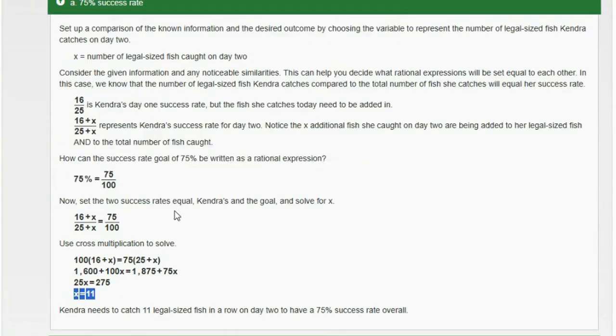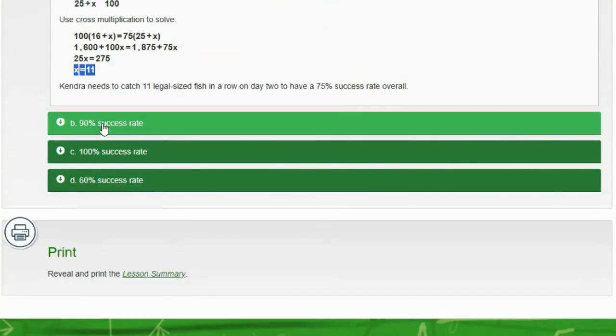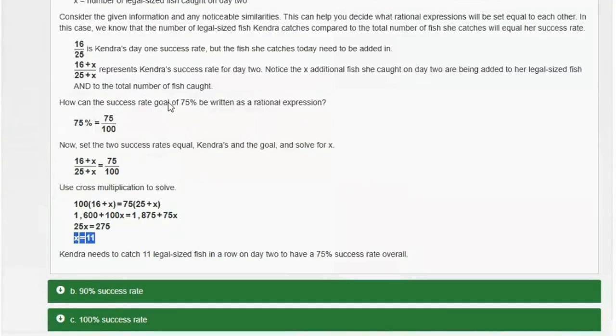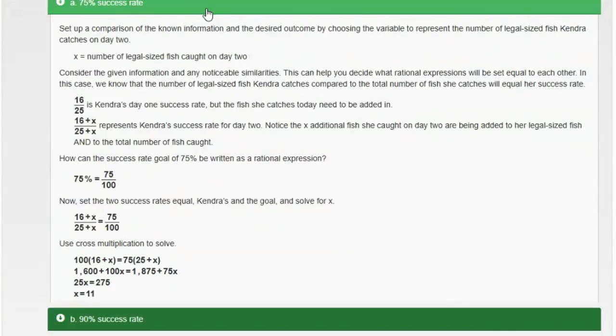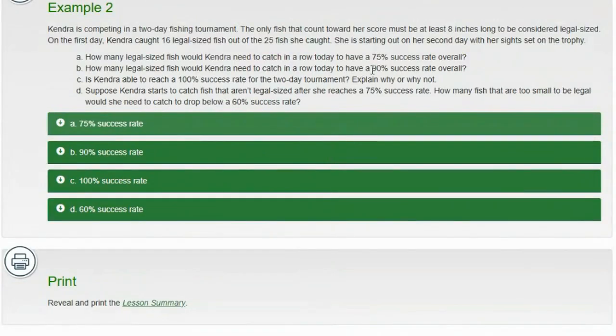So now that you have that example, what about having a 90% success rate? Only one thing has to change in that problem. Everything else should be exactly the same.